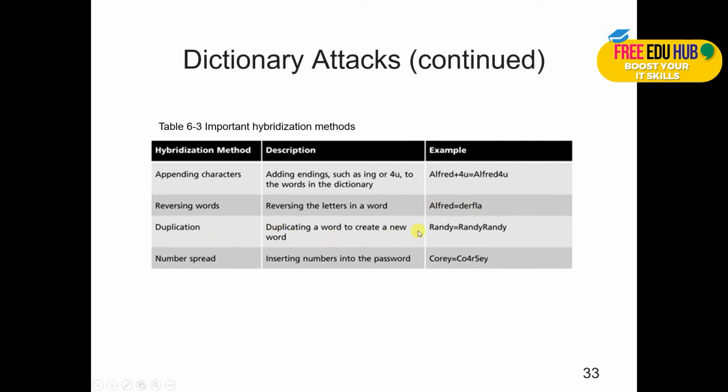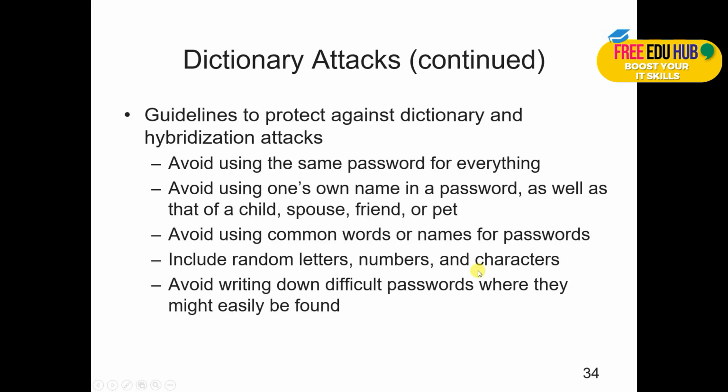Duplication of the word, creating a new word by repeating the same word. Now, in most directories, if the username appears in the password, it won't accept it, especially in Active Directory. Number spread, inserting numbers into the password, so they can add any numbers in the password. Now, the guidelines to protect against dictionary and hybridization attacks are: avoid using the same password for everything.